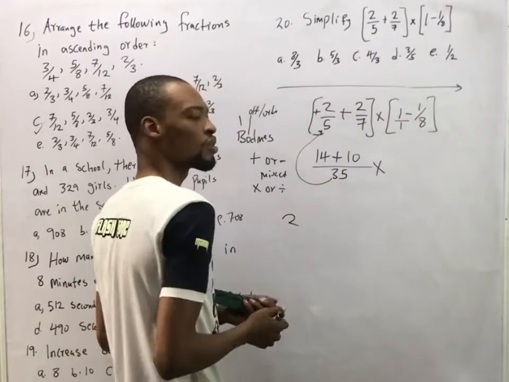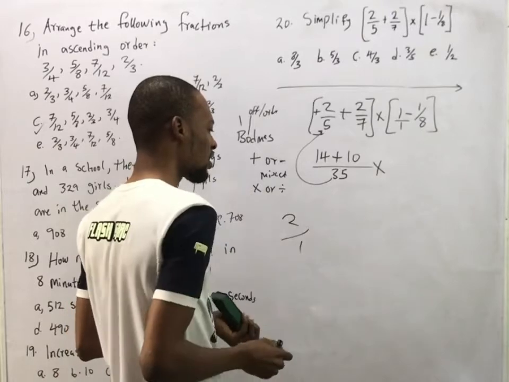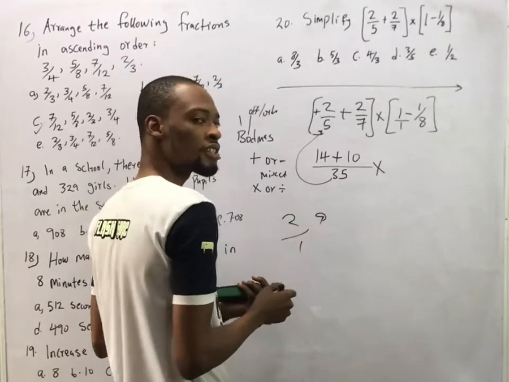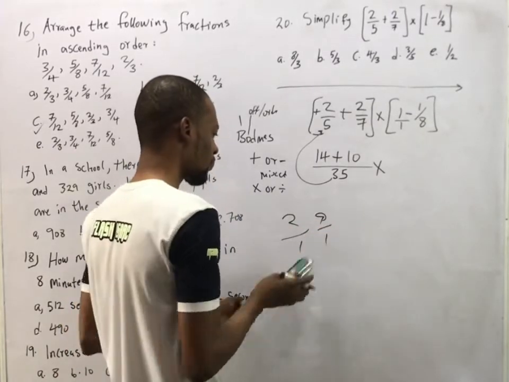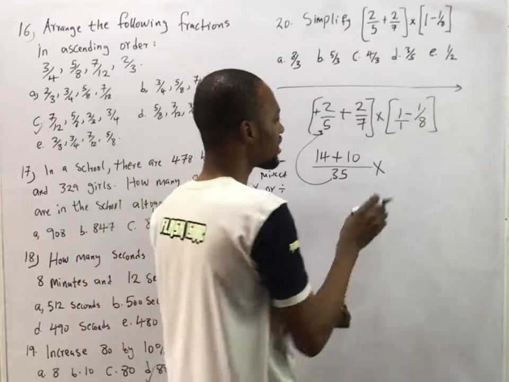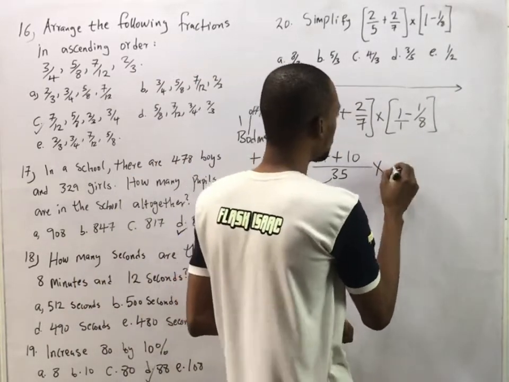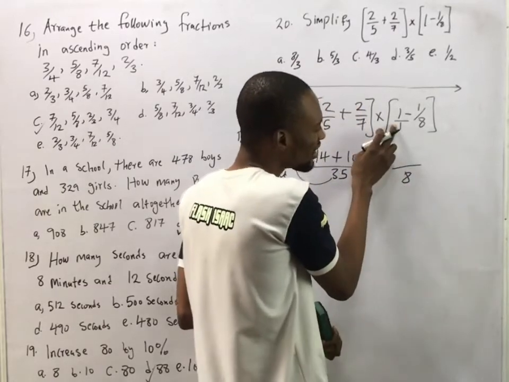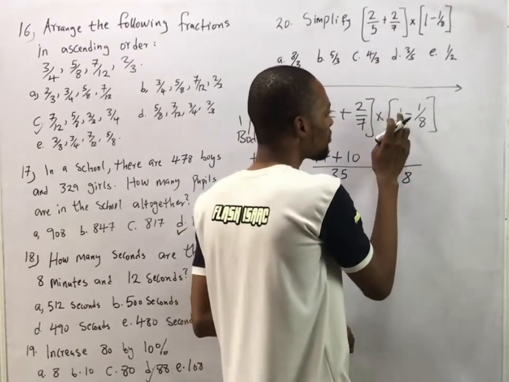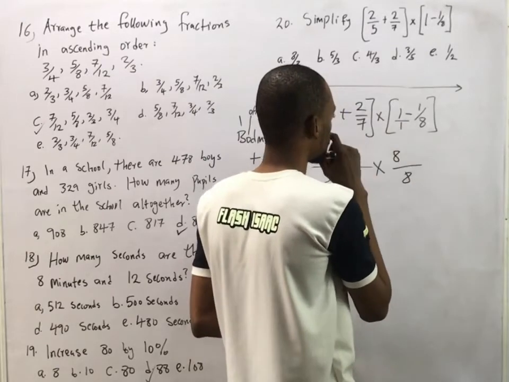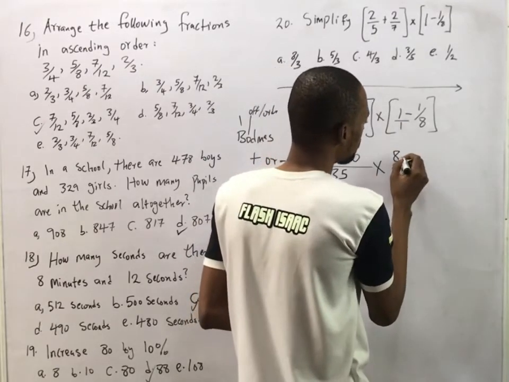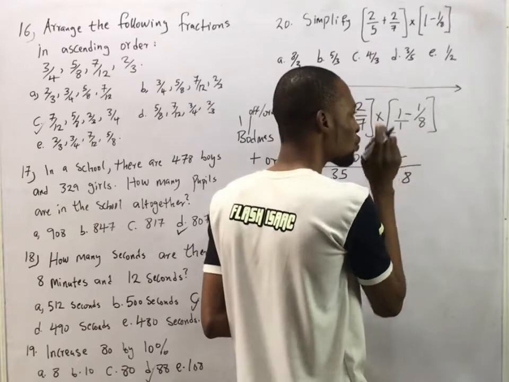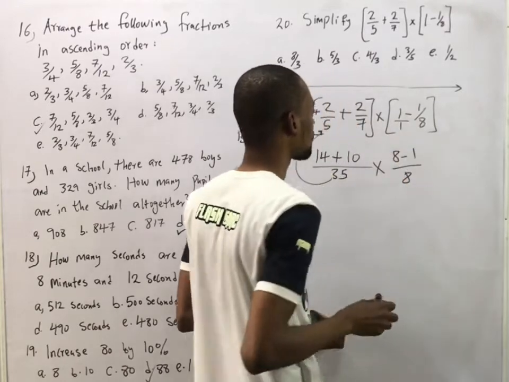If I say 2, it is the same thing as 2 over 1. If I say A, it is the same thing as A over 1. If this is like this, then the LCM is simply 8. 8 divided by 1 is 8, times 1 is 8. Minus 8 divided by 8 is 1, 1 times 1 is 1.